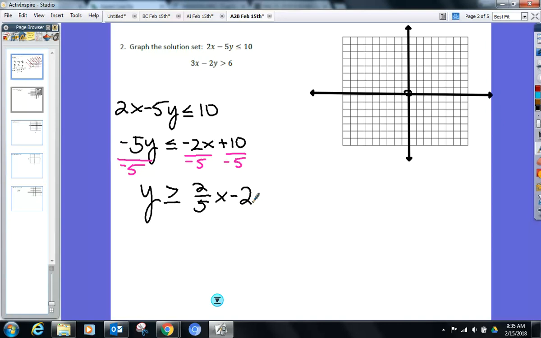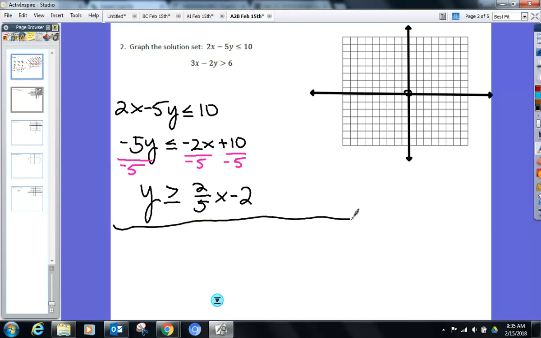Honestly, you guys could go different paths than I'm going to go. I like to solve for both of them, then graph them, then shade them. If you want to graph it and shade it, then go to the next one. That's your call. But me personally, I think it's easier just to transform everything, graph everything, then shade everything at the end. So that's what I'm going to do with you guys.